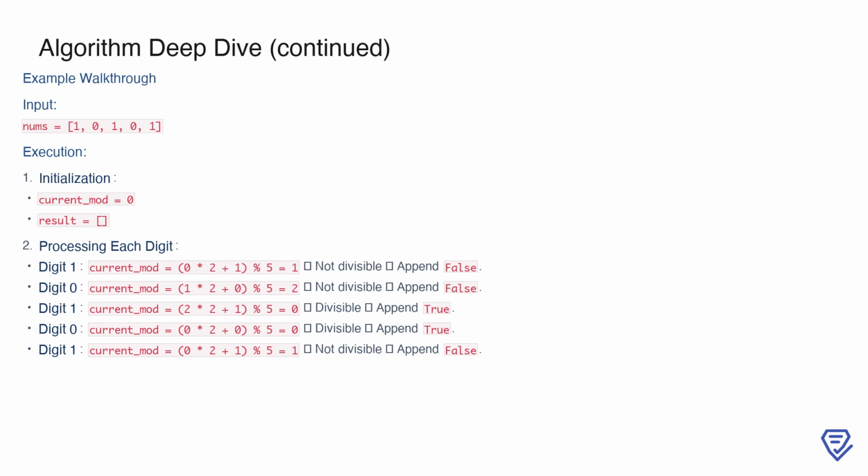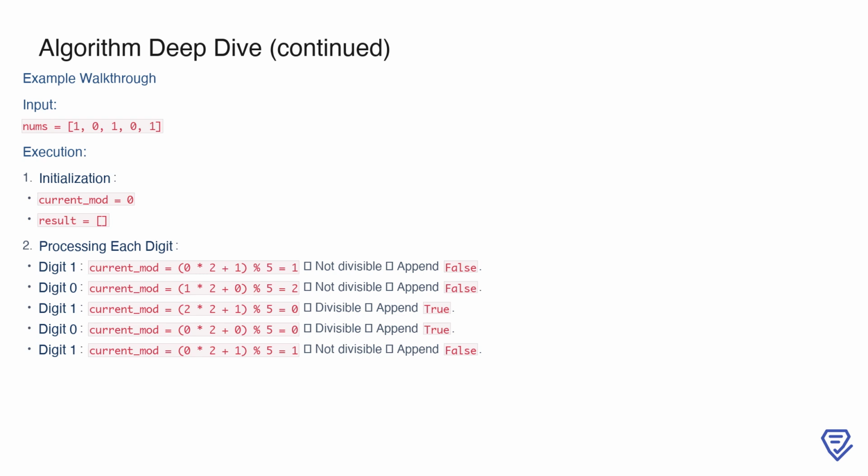Since 1 is not divisible by 5, we append false to result. Next, for the digit 0, we compute current_mod equals (1*2 plus 0) % 5 equals 2, which is also not divisible, so we append false. For the third digit, 1, the calculation gives current_mod equals (2*2 plus 1) % 5 equals 0, indicating divisibility, so we append true.